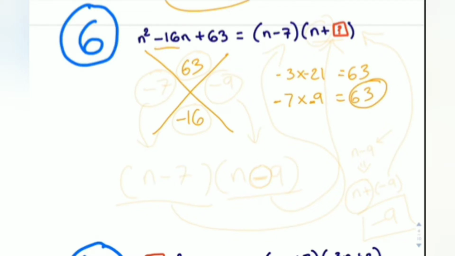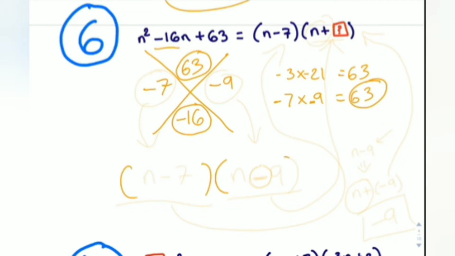Negative 7 plus negative 9 equals negative 16. Perfect. Those are the two values, negative 7 and negative 9. When you multiply them you get 63, and when you add them you get negative 16.